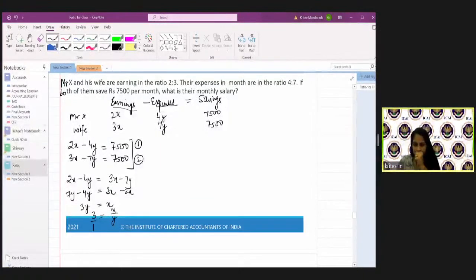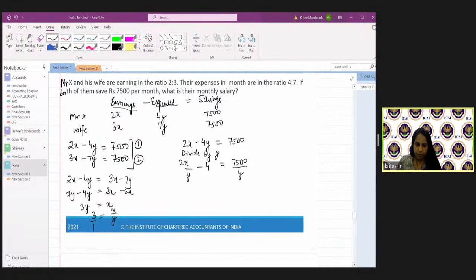Now I quickly take up any of the equation. And I say divide by y. This becomes 2x by y minus 4 equals to 7500 by y.